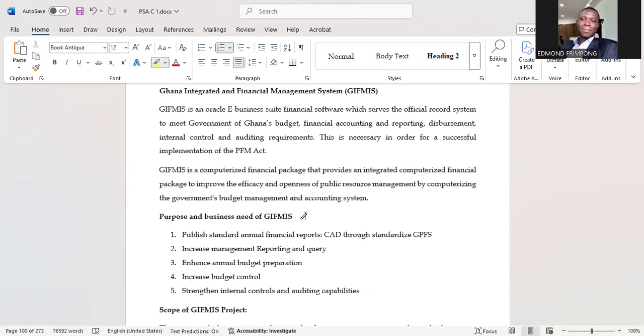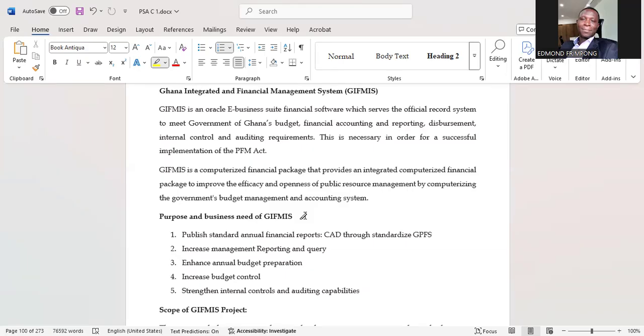The GIFMIS platform is more or less like an accounting software, an ERP, just like a private company will have Tally, QuickBooks, SAP and all that. It is the accounting software for the public sector, which handles so many modules of public sector operations. That is the simplest thing I can tell you.